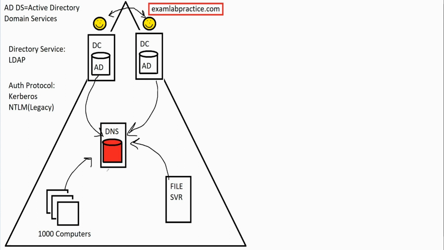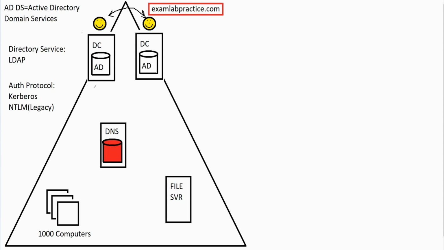And this allows for the centralization of name resolution, meaning they register their IP addresses into this database, and then anytime a machine needs to find another machine, it can query DNS. So for example, these machines all have to authenticate by your domain controllers. They can query DNS and say, hey, DNS, do you know what the address is of one of my domain controllers so I can authenticate? And DNS can reply back and say, yeah, here is the information. At that point, the client can go and authenticate. So it works very efficiently.